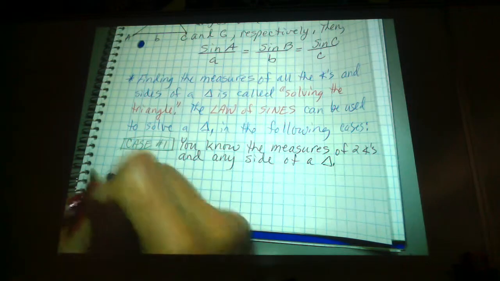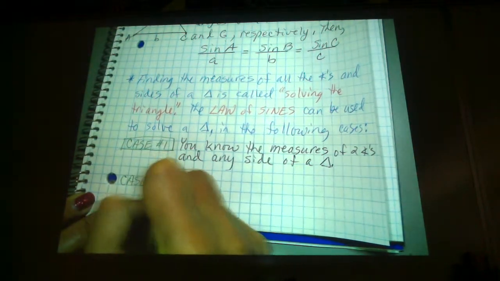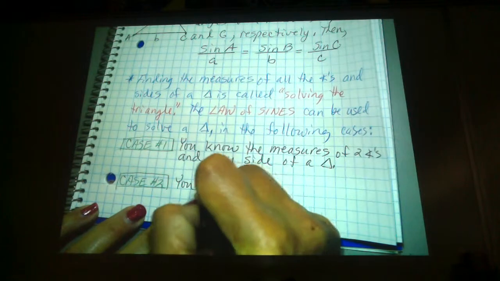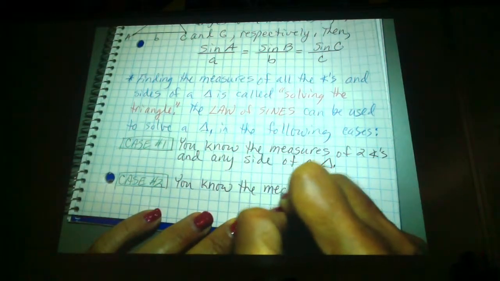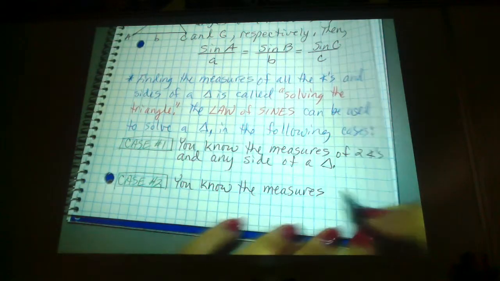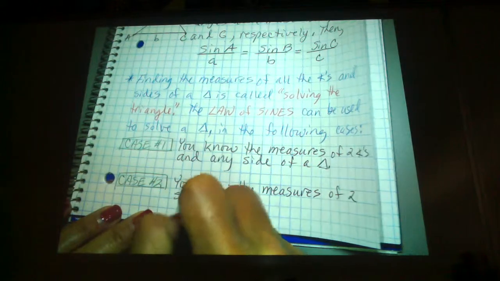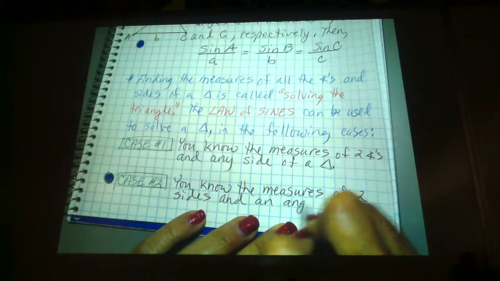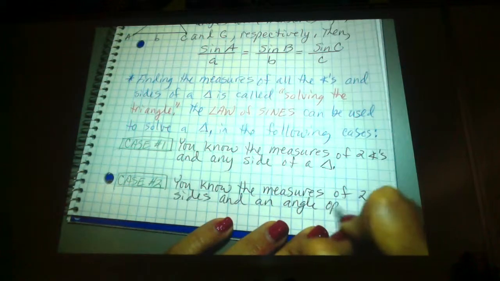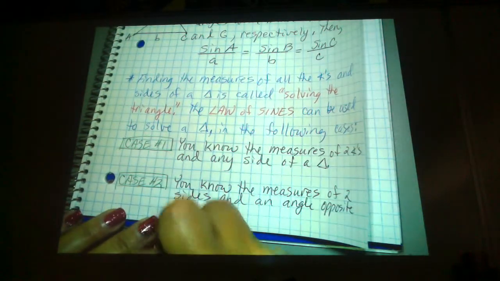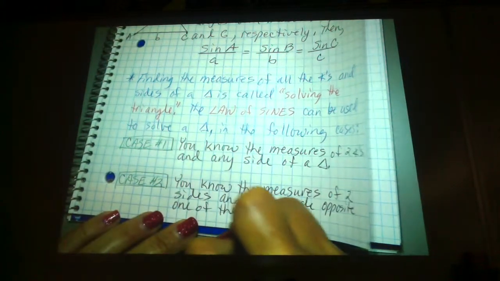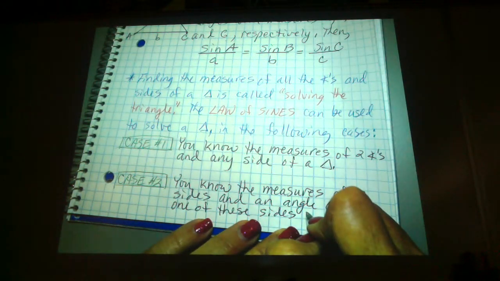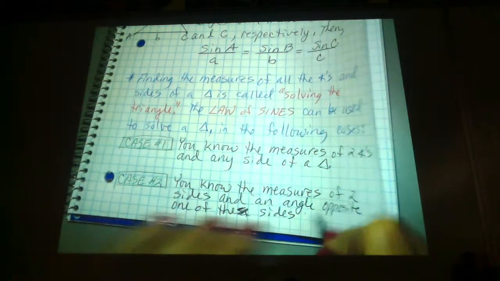So then there's case 2. You know the measures of 2 sides and an angle opposite one of the sides of the triangle.